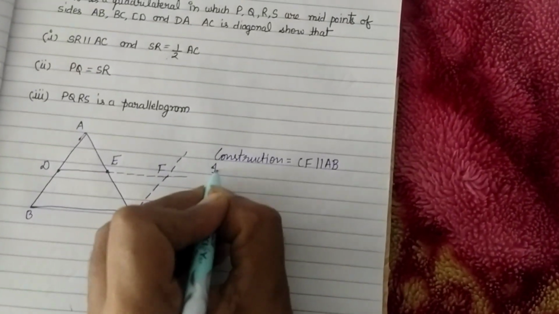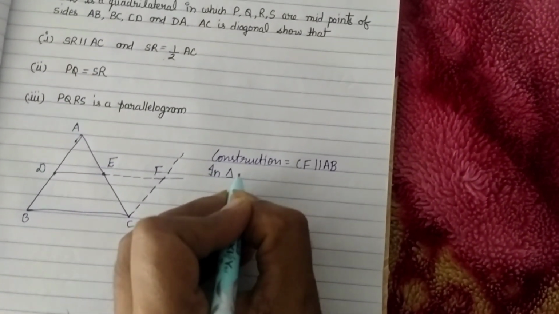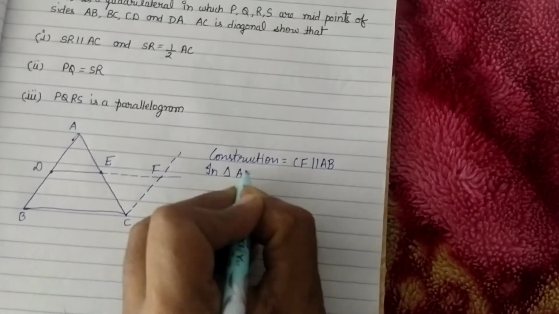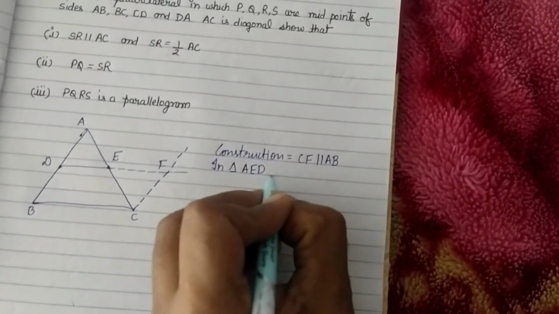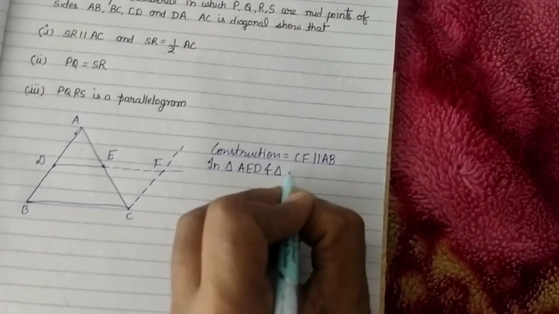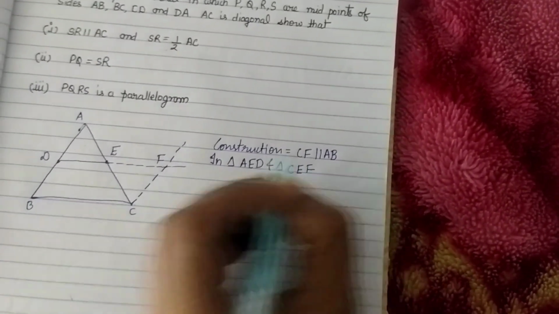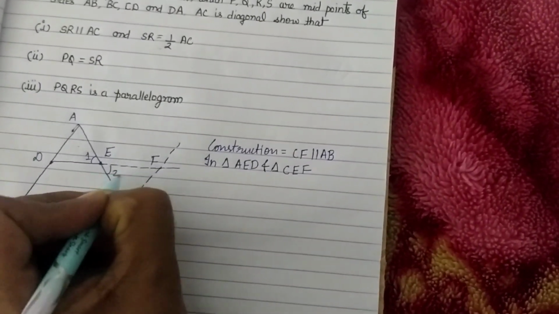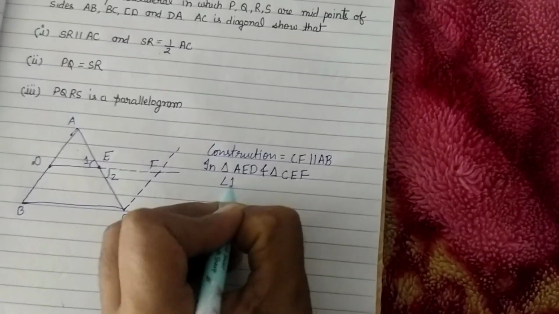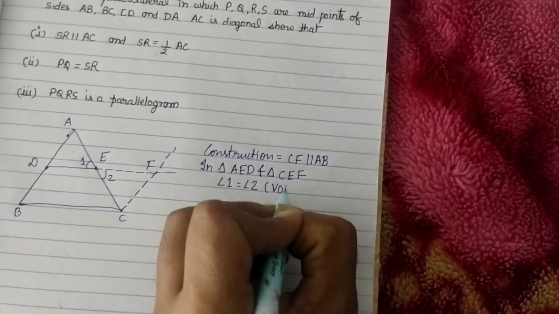Now in triangle AED and triangle CEF, angle 1 will be equal to angle 2 from vertically opposite angles.